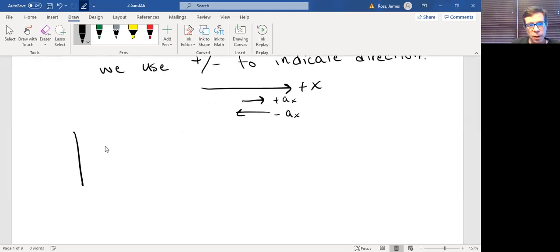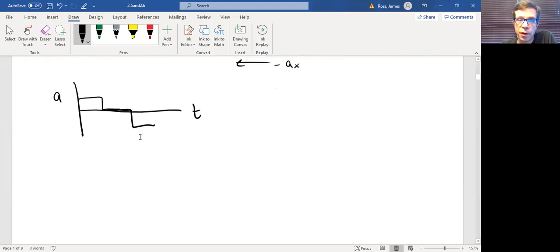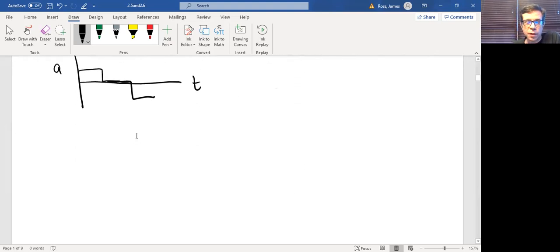We've talked a lot about graphs. So what I want to do is take an example of A versus T, and translate that into our V versus T graph and X versus T graph associated with this acceleration.